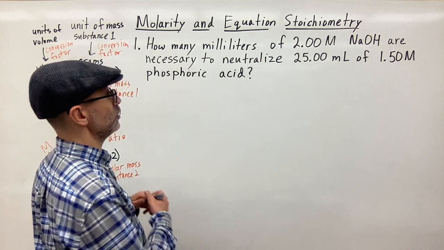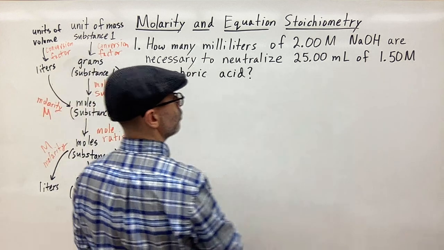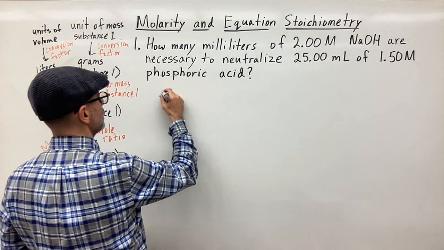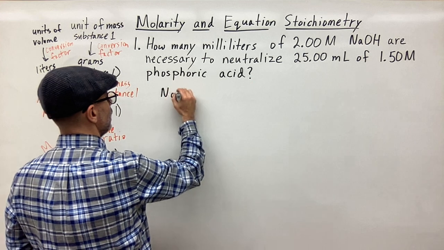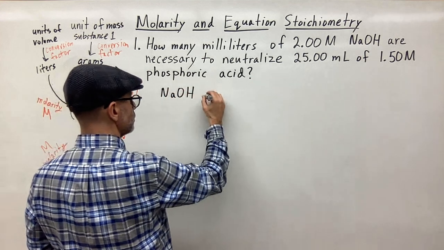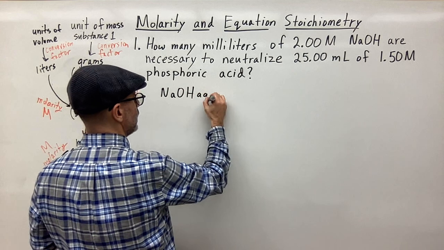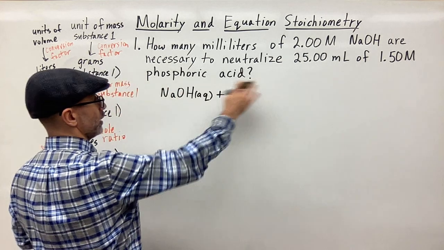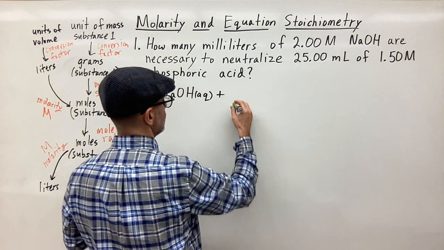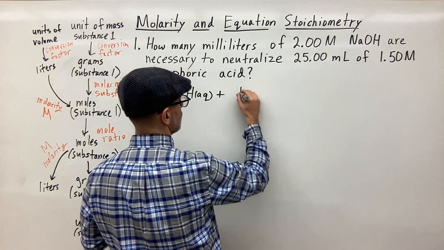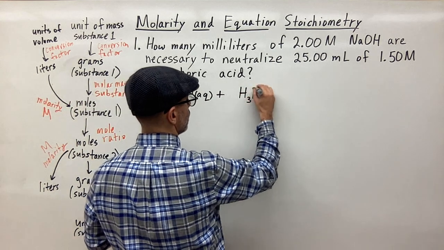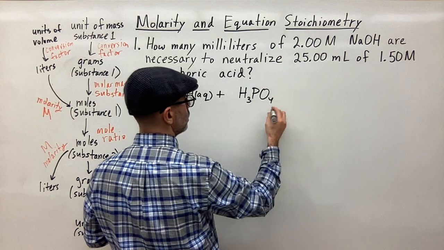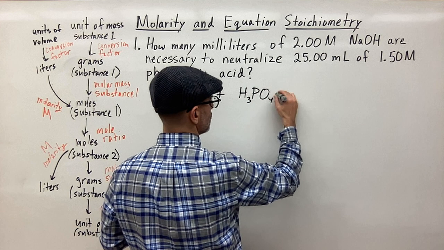So first thing you need to do is write down the reactants. So one reactant is NaOH, that's aqueous, plus, and phosphoric acid is our other reactant. Phosphoric acid is H3PO4, and that's aqueous.